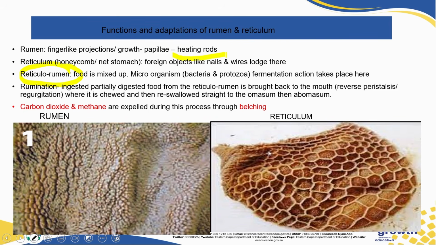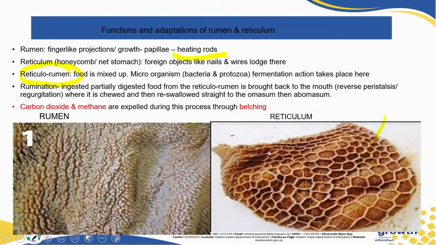Again, when you are required to identify the part labeled, say, the reticulum, don't say the honeycomb stomach, because the honeycomb stomach is just a description. The name of the stomach is reticulum. So it is a honeycomb stomach. Here in this part, it is a bag-like stomach.